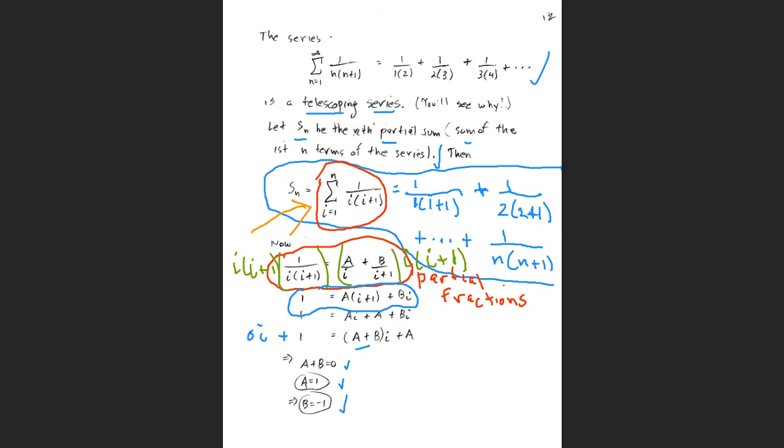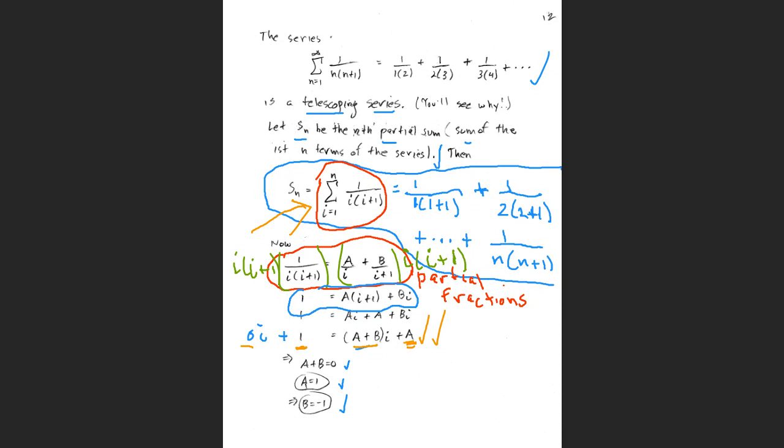Oh, well, so in this equation here, you have A plus B times I plus A equals 0 times I plus 1. Since both sides of this equation are equal, the constant A would have to equal the constant 1, and so A equals 1.